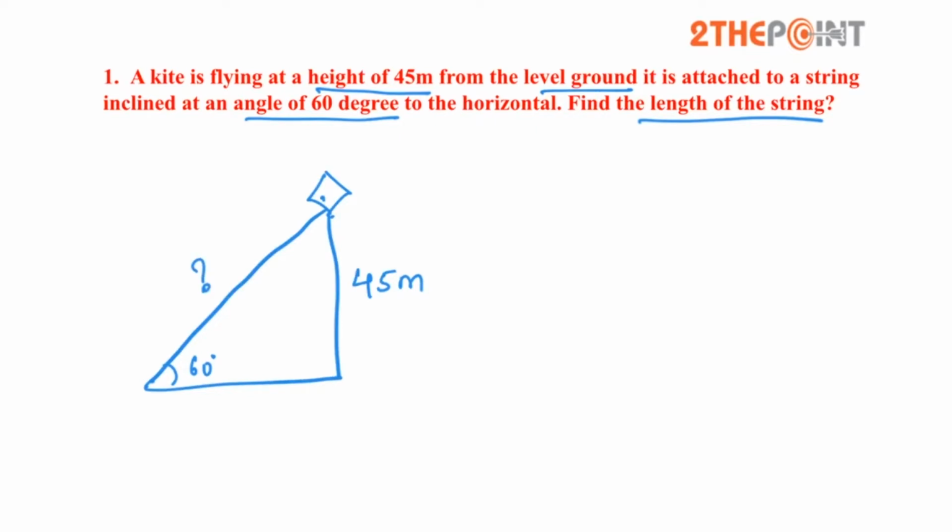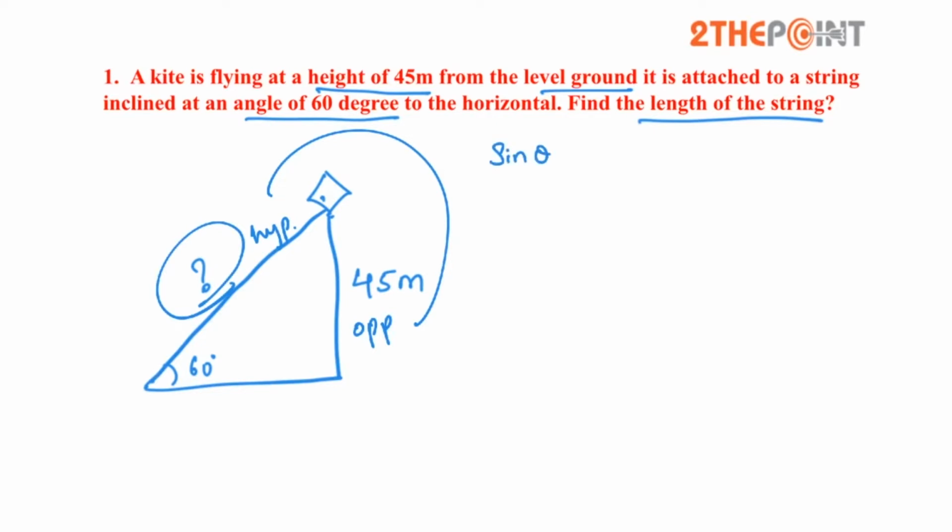Now we have the opposite side, but we have to find the hypotenuse. So find out in which trigonometric ratio we get both hypotenuse and opposite side. It is sin theta, which equals opposite by hypotenuse.